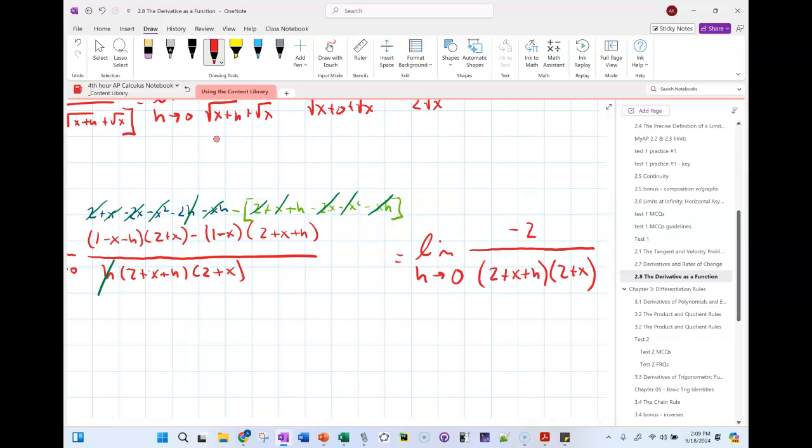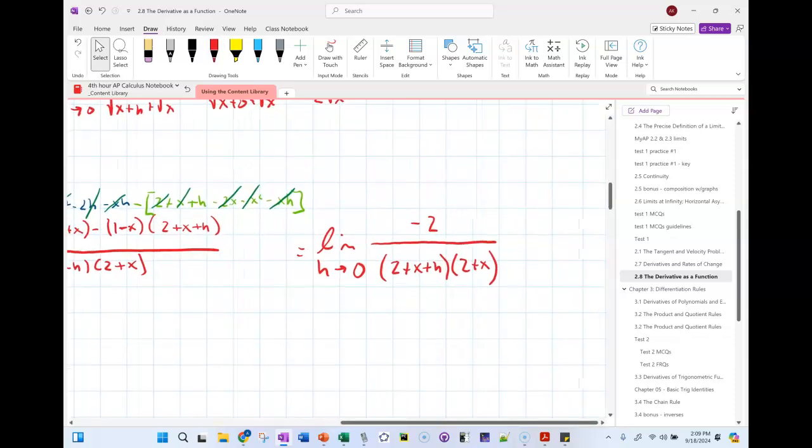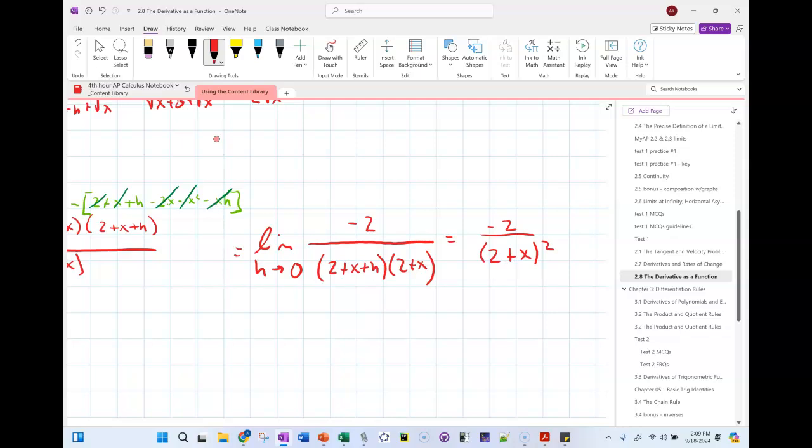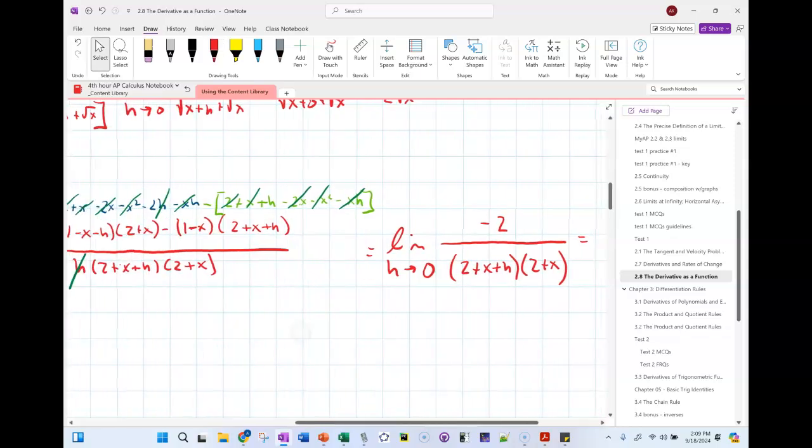And my last step then would be to plug in 0 for h, which would give me negative 2 over, and I'm just going to write it as 2 plus x squared. You guys see how I got to there? Oh my goodness, guys.